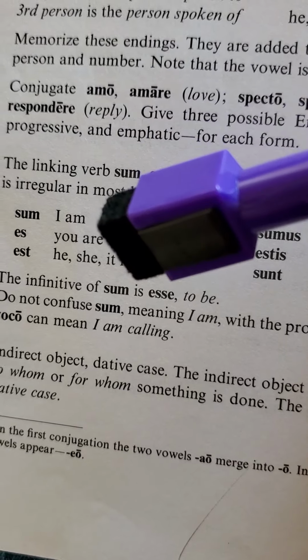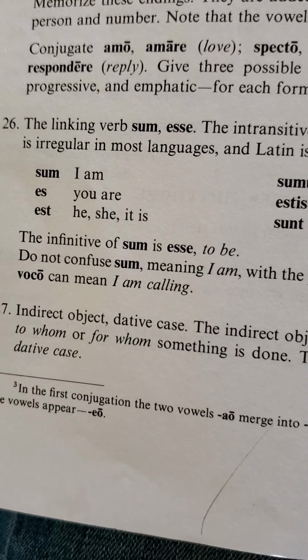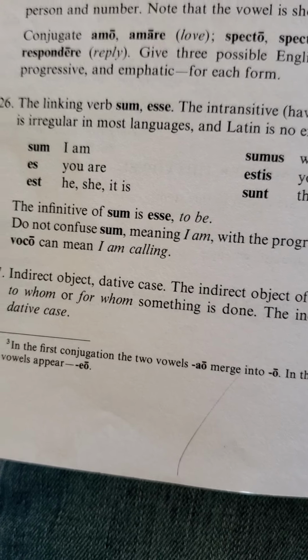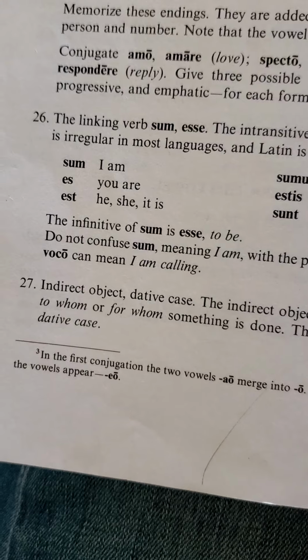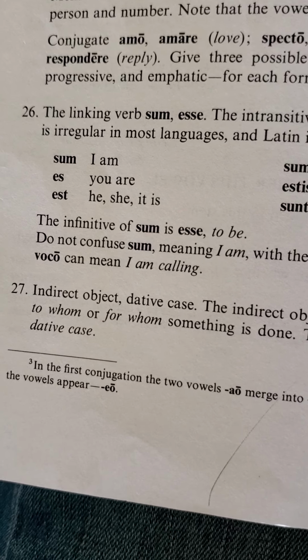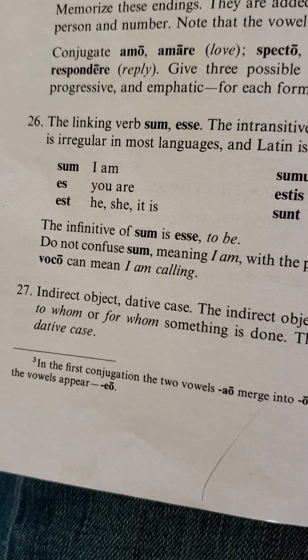And the infinitive esse, to be, can also be used as a complementary infinitive. We're introduced to the indirect object, which is the dative, to whom or for whom. The direct object is intended.